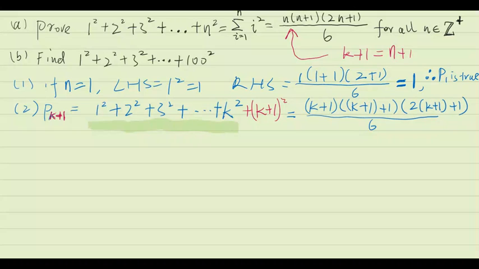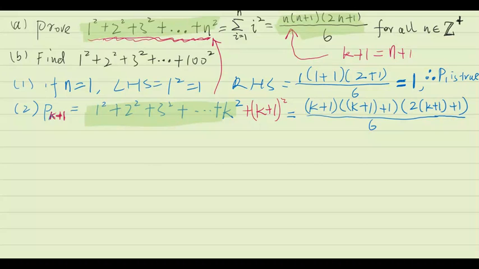Now let's see this bit. This part is equal to this part, isn't it? This is the left-hand side of the equation in this series. It's equal to the right-hand side, which is this. Now let's simply use this right-hand side to replace this part as the left-hand side.